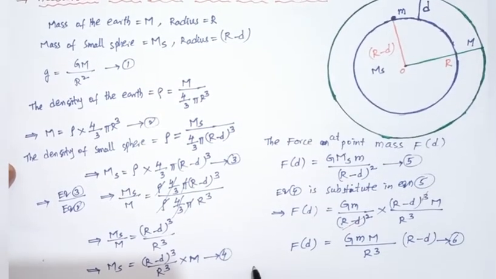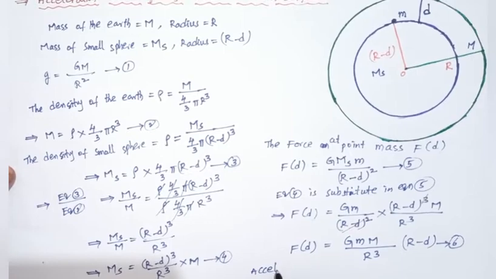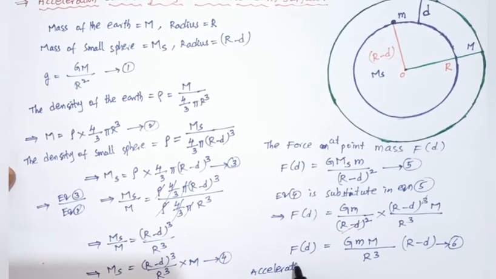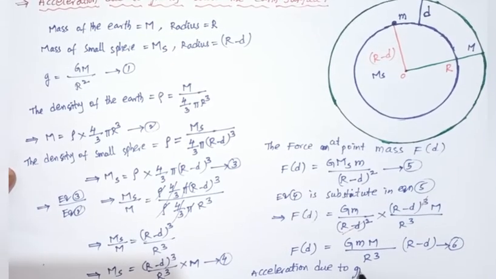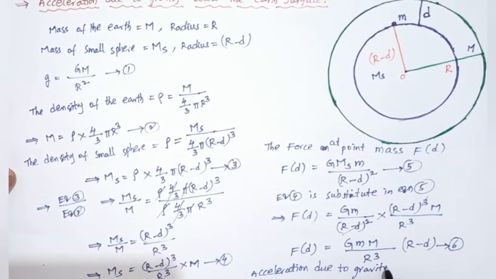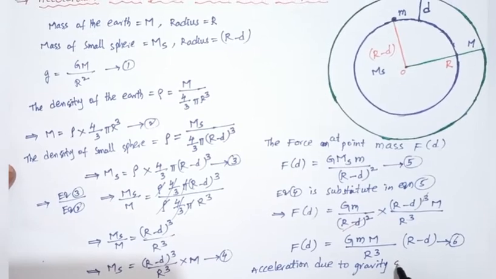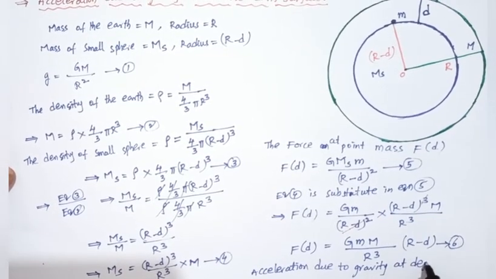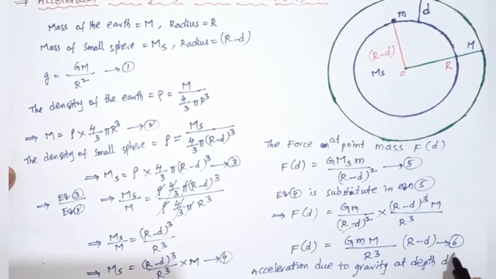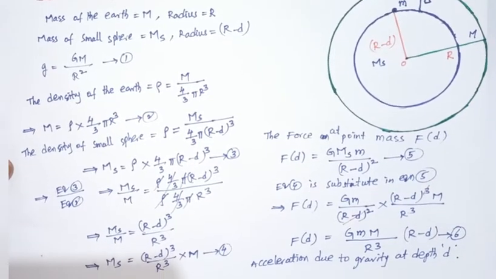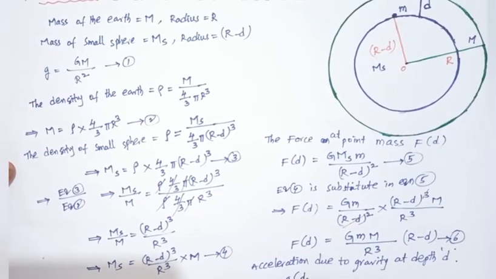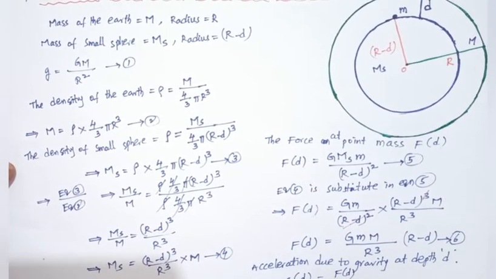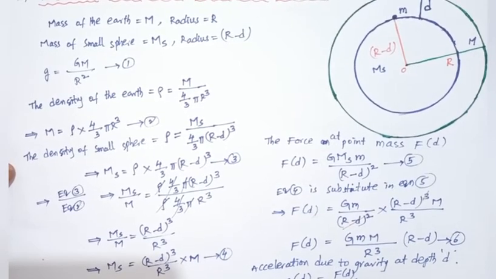So acceleration due to gravity at depth d equals F of d divided by small m.